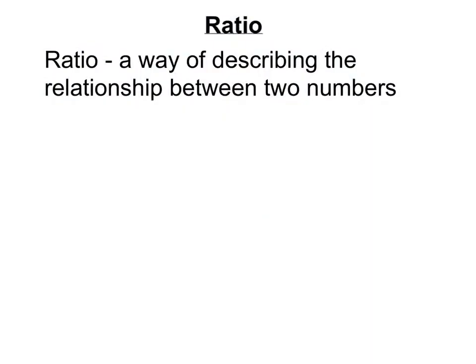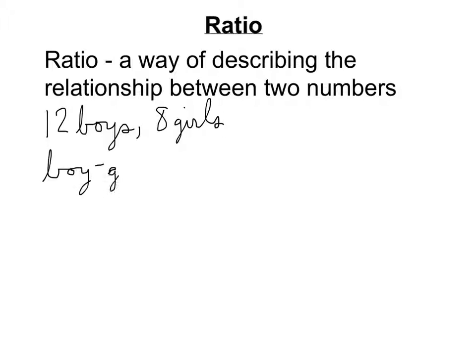A ratio is a way of describing the relationship between two numbers. For example, let's say that there was a class where there were 12 boys and 8 girls. We could say that the boy-girl ratio was 12 to 8.